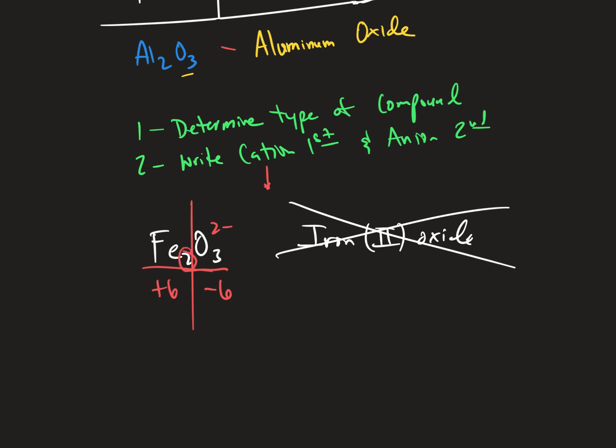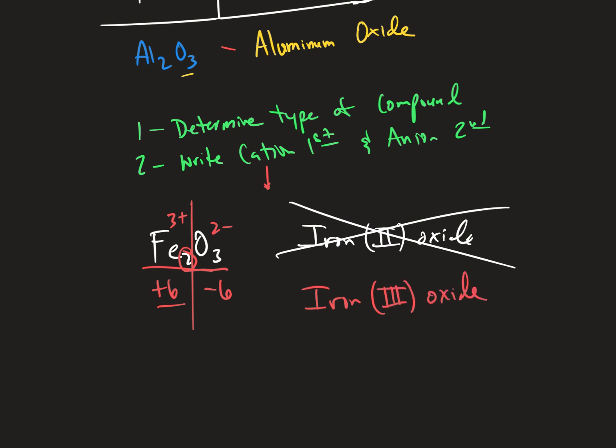And there's 2 irons, and they're identical. They're both irons. So +6 divided by 2 is +3, or 3+. That means it's iron 3 oxide.